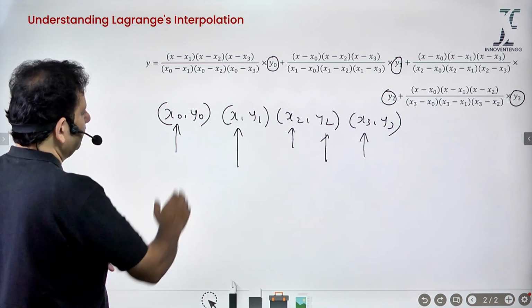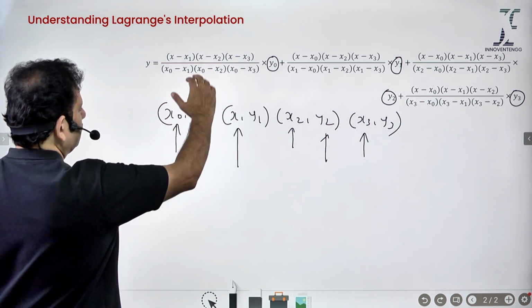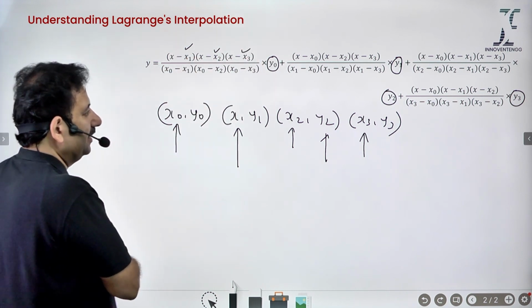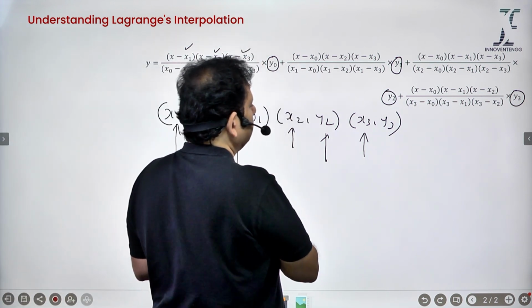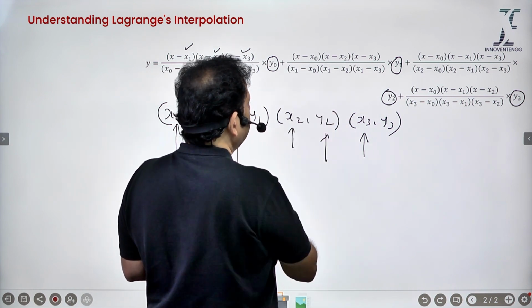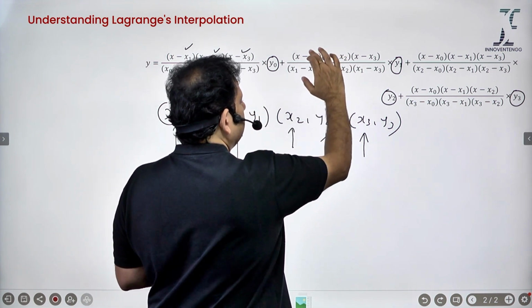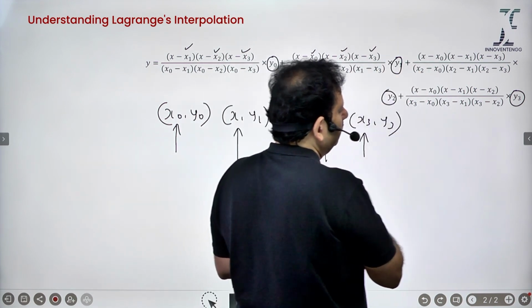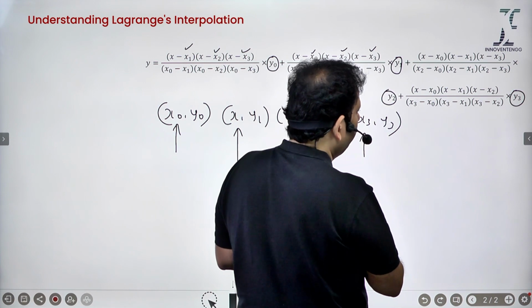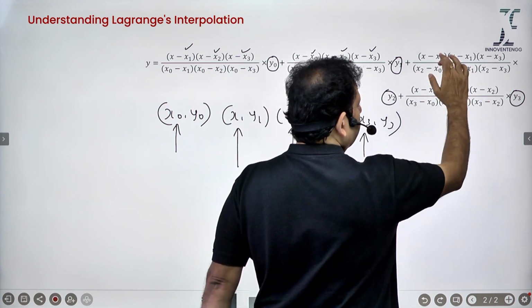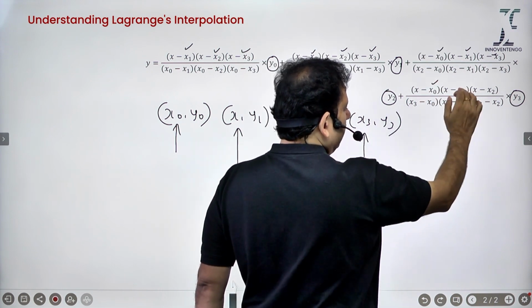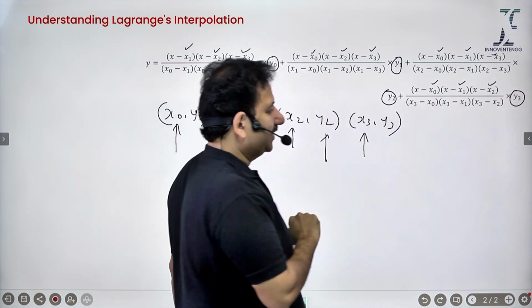The numerator is also quite simple. Since it belongs to x naught, forget about x naught, you subtract x1, x2, x3 from x. And also for the second term, it pertains to x1, y1, forget about x1: x naught, x2, x3. And the third term pertains to y2 and x2, forget about x2: x naught, x1 and x3. And similarly the last one, x naught, x1, x2, forget about x3.